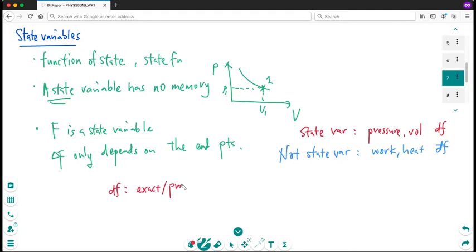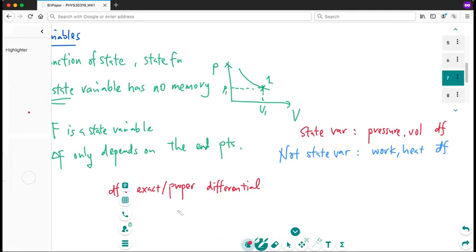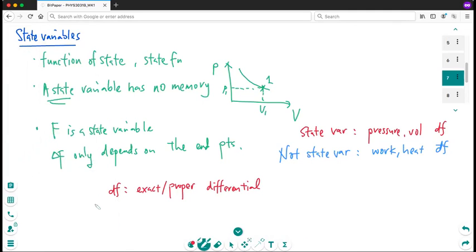Some books use a different terminology; they say this is the proper differential. If you have d bar, this is inexact or improper.